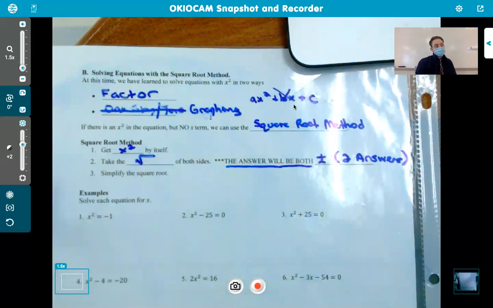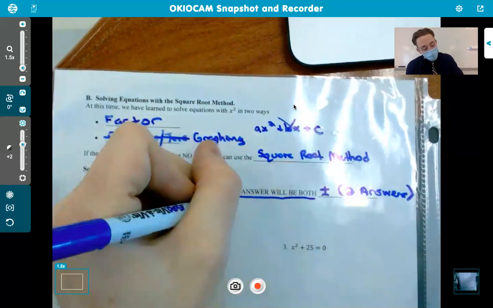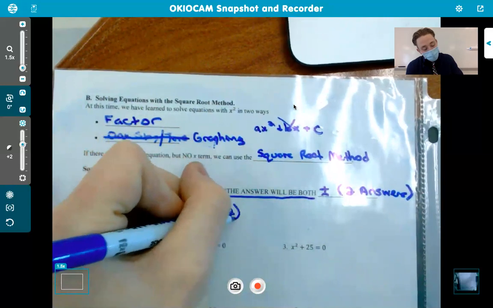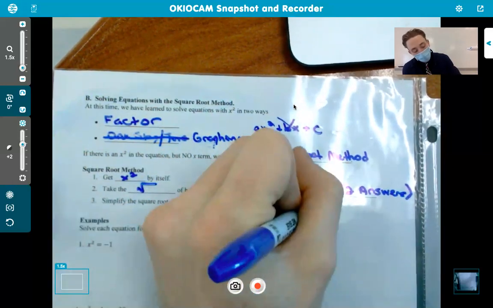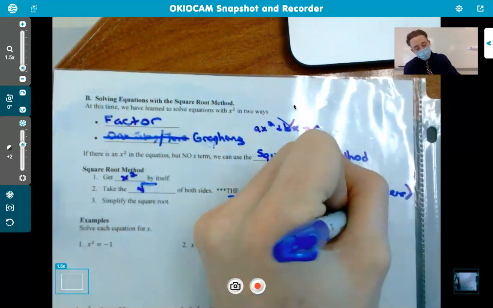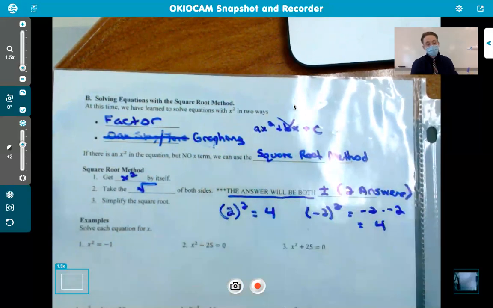The reason for this, the reason that we're gonna have two answers, think about if we were to square something, right? If I were to take 2 squared, well, I know that's 2 times 2, which just gives me 4. If I were to take -2 squared, well, that's -2 times -2, which is still +4.